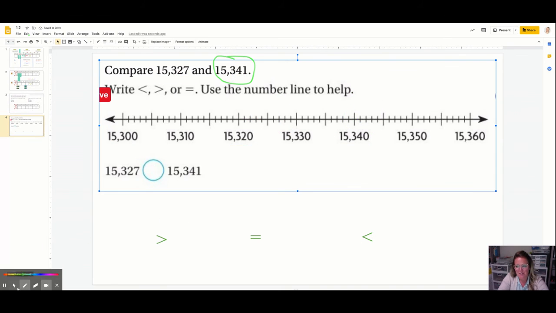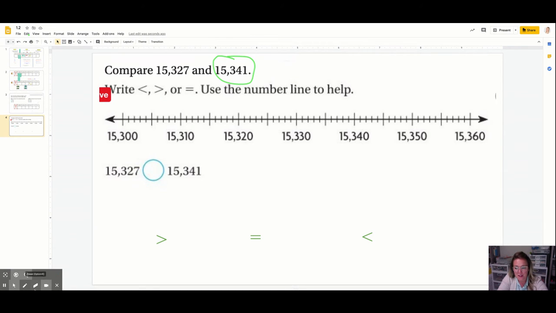We need to be careful when we're labeling greater than or less than, or as we used to call it, our alligator mouth. We need to be careful because if I were to simply write in the first one I see, this opening or the greater than is pointing towards this number. And we decided that that number was not the bigger one.